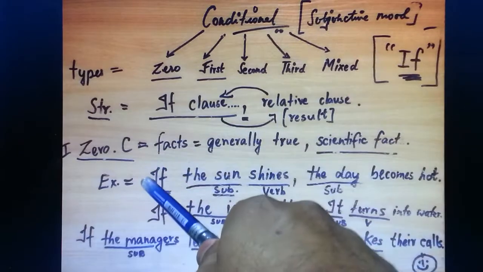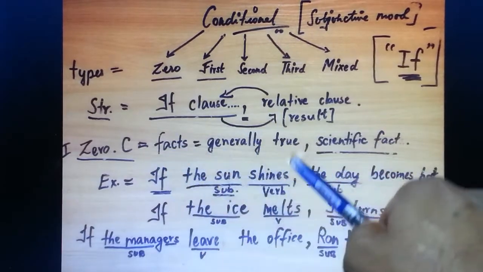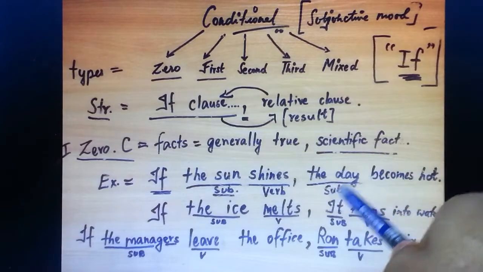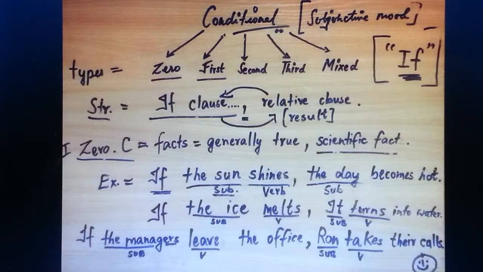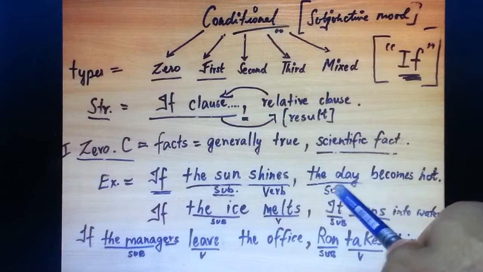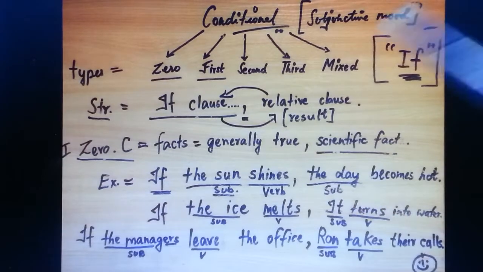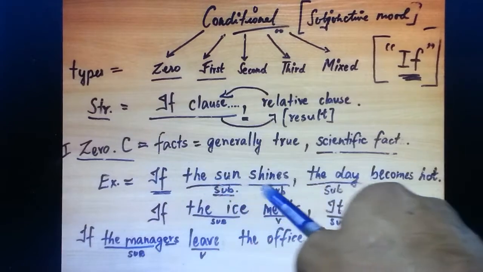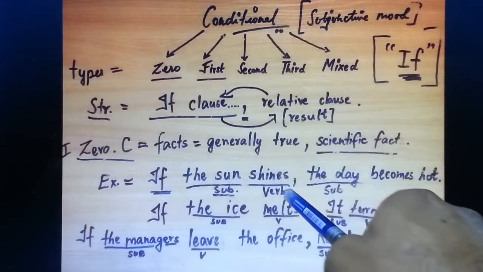So if plus present simple sentence, comma, and you see here also a present simple sentence where the subject is the day, singular, so becomes has an S ending because day is singular. So the construction here is if plus present simple, comma, present simple.